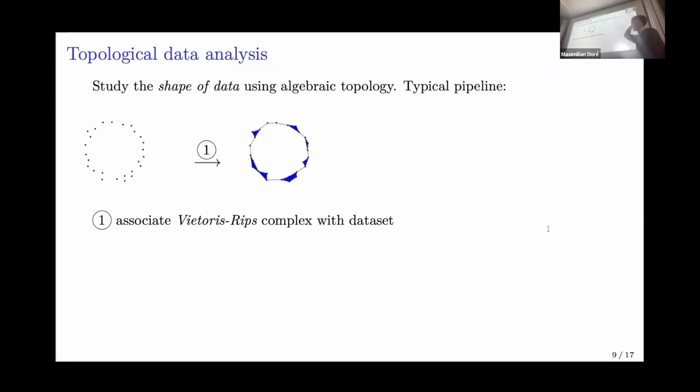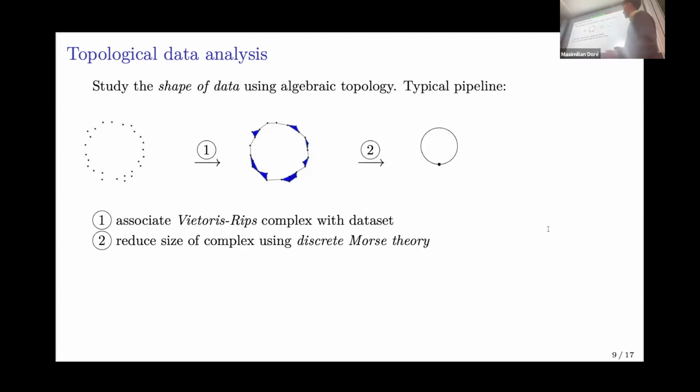One common space to associate is the Vietoris-Rips complex, which in essence says whenever you have a few points lying close together, introduce a simplex into your simplicial complex, and then we can study this. Here you would already be able to see that this seems to form a circle. Before we compute any invariants, the size of this complex usually needs to be reduced, because it would be quite expensive to compute the invariants of this space, which isn't really necessary, because a lot of the simplices are superfluous.